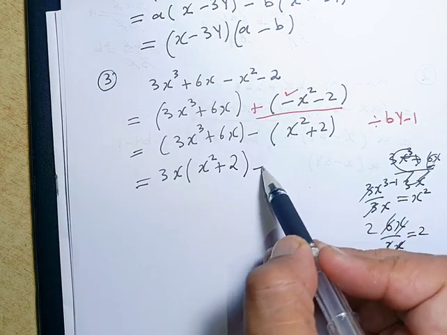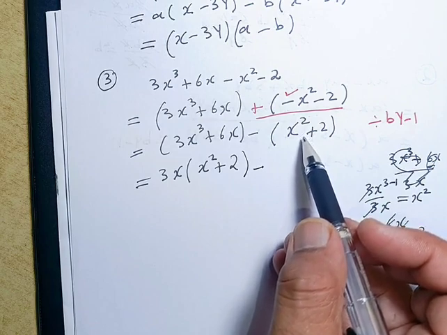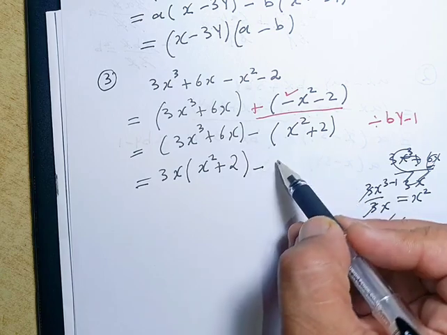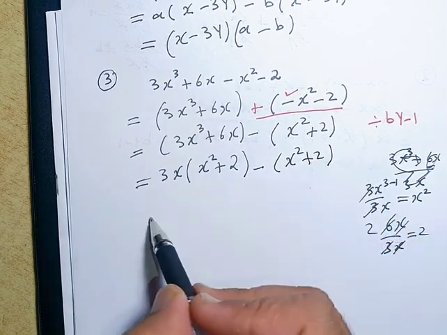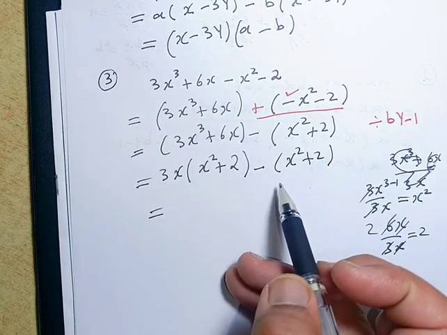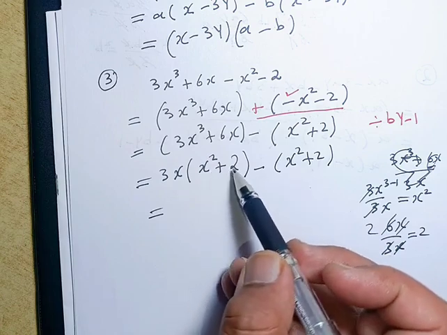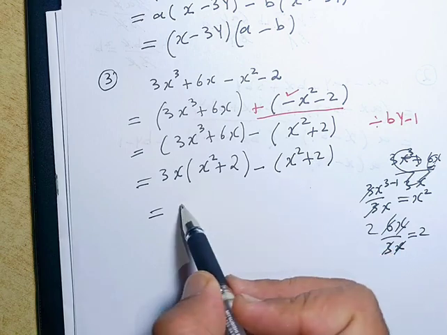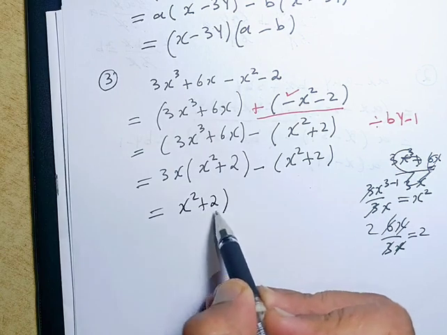Now minus. From here I can see nothing common, only 1 goes out. So the x^2 + 2 is there. Now after this we have to take out the common bracket. So x^2 + 2, this is the common factor, the common bracket. x^2 + 2 is the common bracket and it is out.